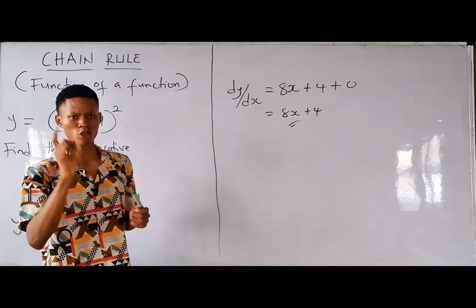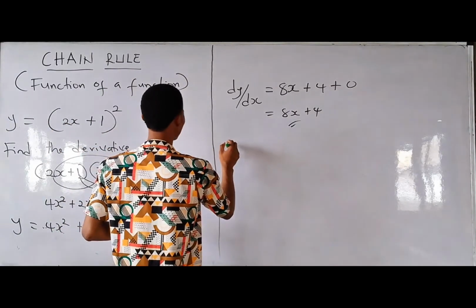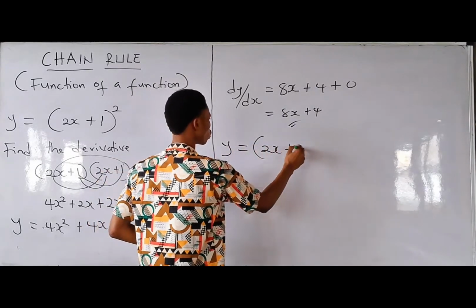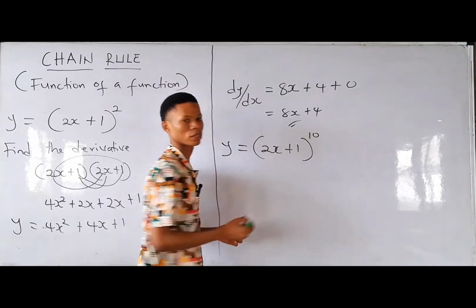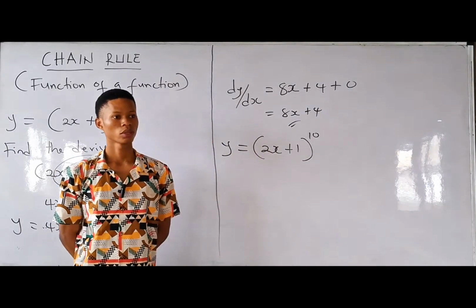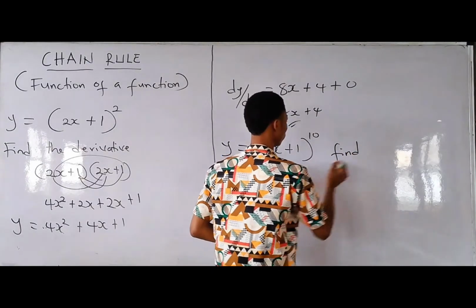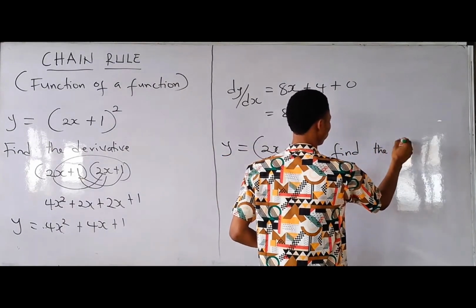Good. What if you have something like this? What if you have something like this? y equal to 2x plus 1 raised to power 10, and you are asked to find the derivative.